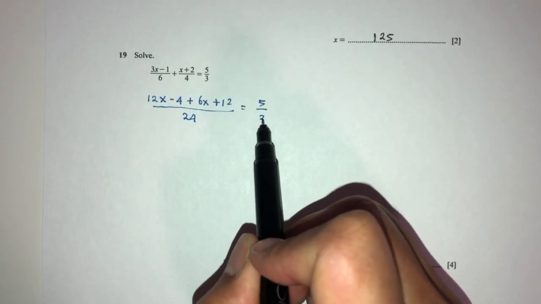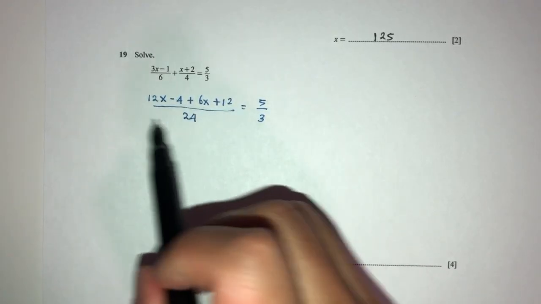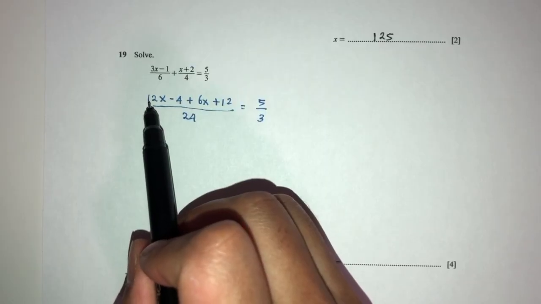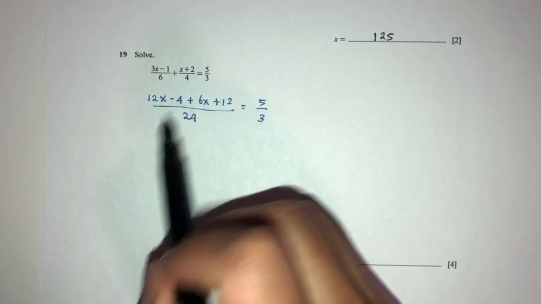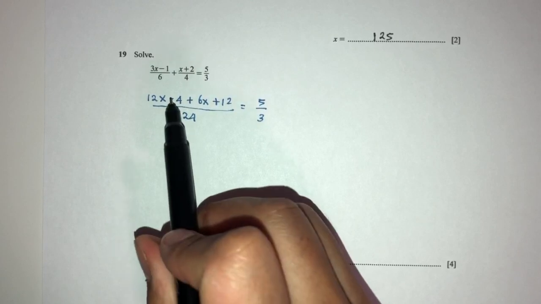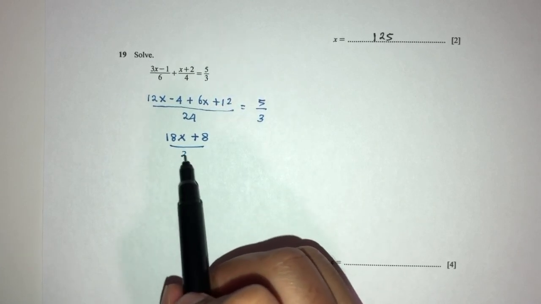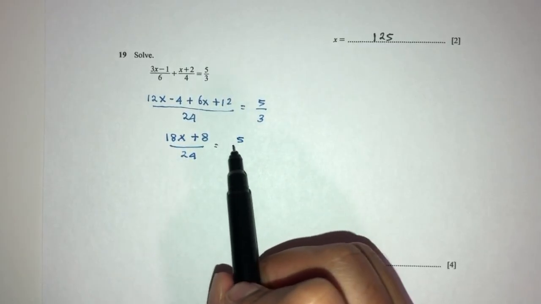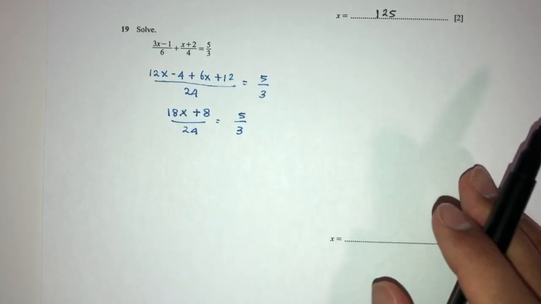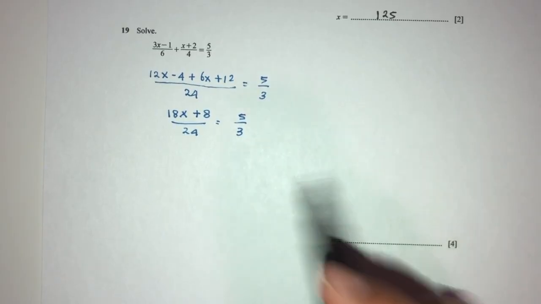5 over 3. Simplify. We can have 12x plus this will be 18x, minus 4 this will be plus 8, over 24, equals 5 over 3. Now obviously we can simplify, we can cross multiply actually.